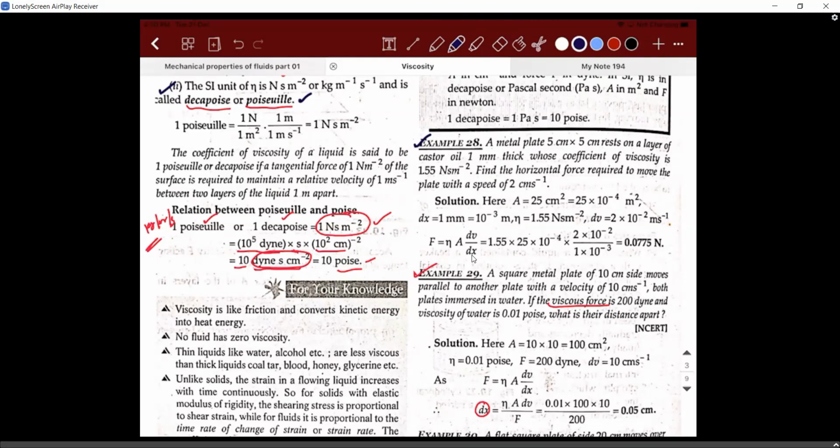You can either tell me the answer in terms of decimal or in terms of multiples of 10. What is dx? Thickness is 1 millimeter.